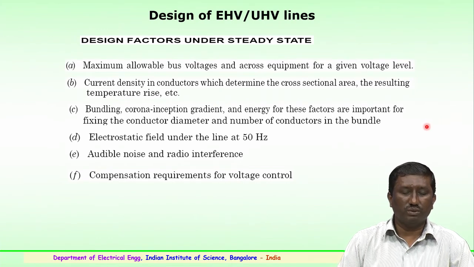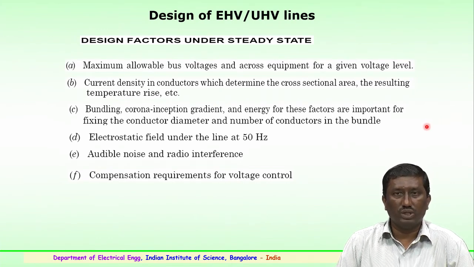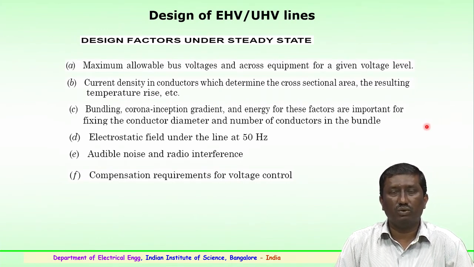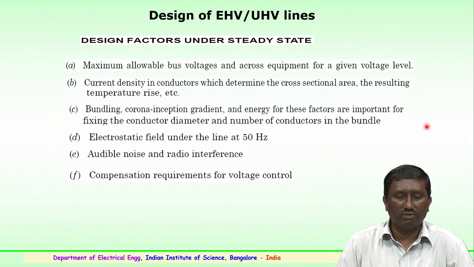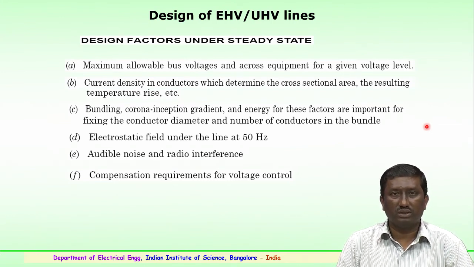So, from the distribution we will move to the extra high voltage or ultra high voltage transmission towers. How to consider the design factors, particularly under steady state. What are the parameters to be looked into?